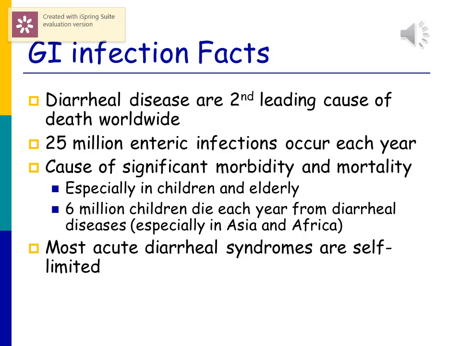Keep in mind that most acute diarrheal syndromes are self-limited, so they will go away after maybe a day to 3 days to a week. They usually are self-limiting, but sometimes they are so severe that you would have to seek professional help, or possibly go on antibiotics, or at least get rehydration therapy.